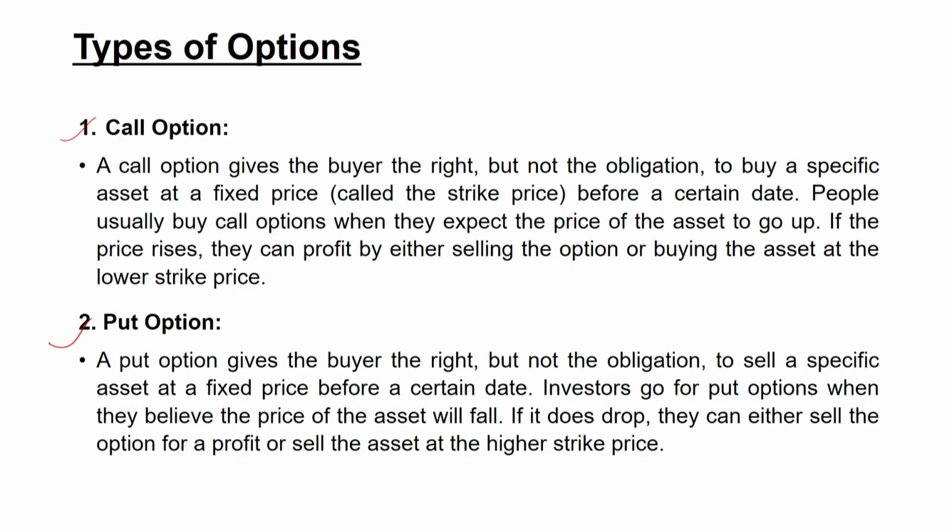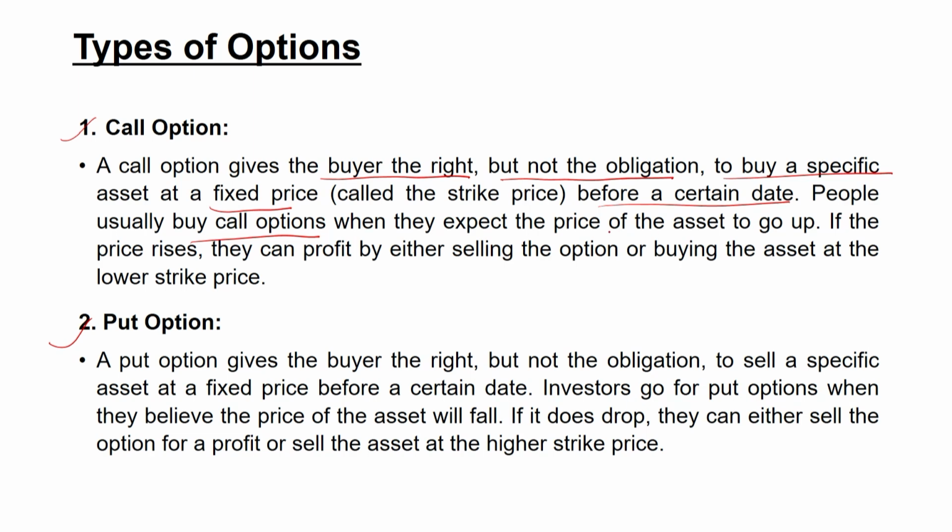Now, the various types of options are the call option and the put option. The call option is a kind of derivative contract that gives the buyer a right but not the obligation to buy a specific asset at a fixed price, known as the strike price, before a certain date. People buy the call option when they expect that the prices of the asset in the market may go up.